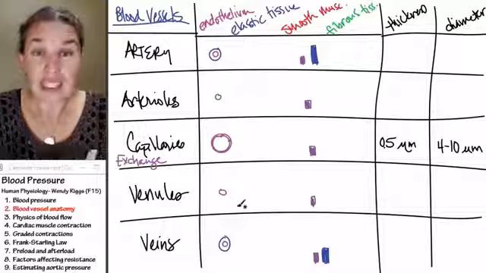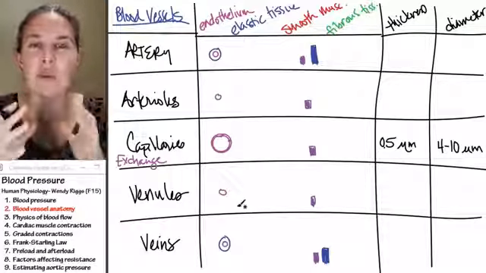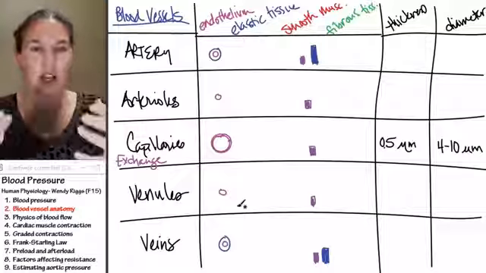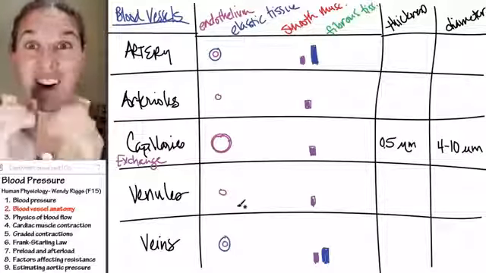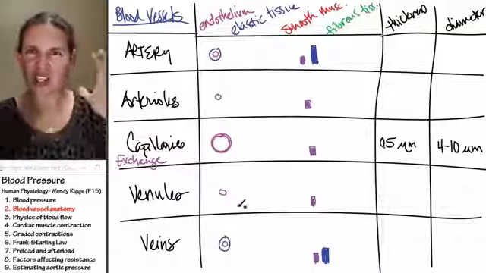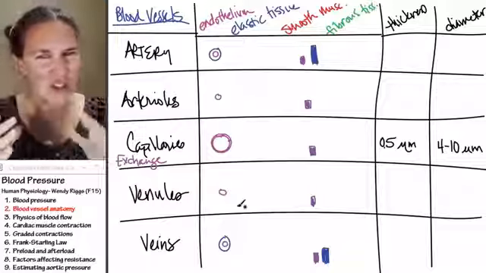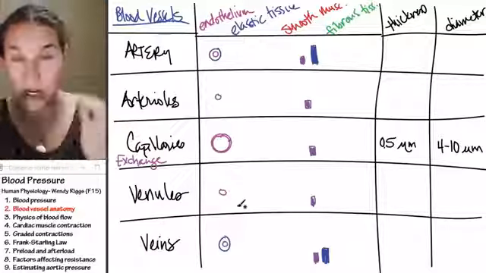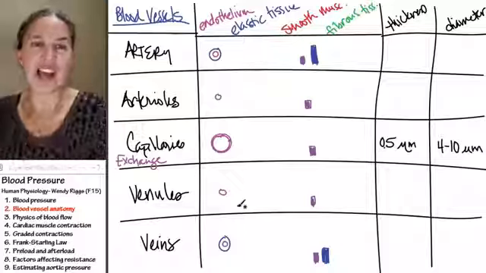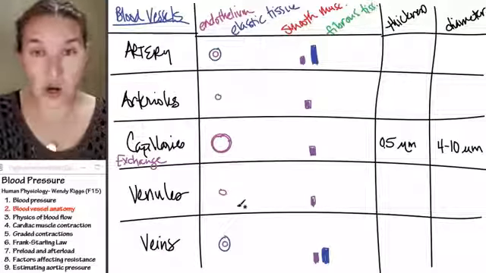The arteries, because they have so much elastic tissue, are able to absorb the pressure from the pump of the heart. They're able to absorb that pressure and stretch and then contract, even though they're not really contracting, they're just elastically recoiling, and that provides an additional push to push that blood onward through the body.